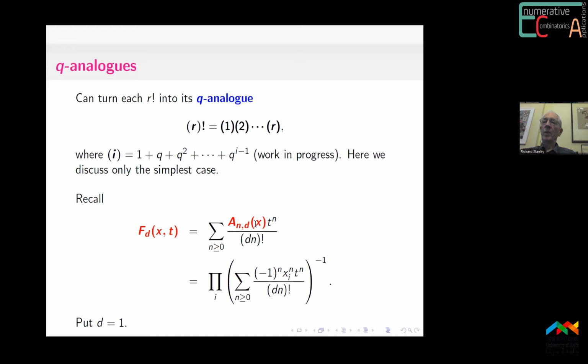Namely, in this situation of F_d(x,t) equaling the sum of A_{n,d}(x) t^n over (n factorial)^d, put d equals 1. So originally I looked at d equals 2, and then general d. But the case d equals 1 is really simple, because this is just the exponent inside parentheses. We just get e to the minus x_i t.